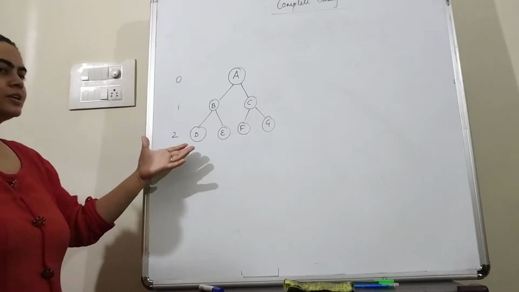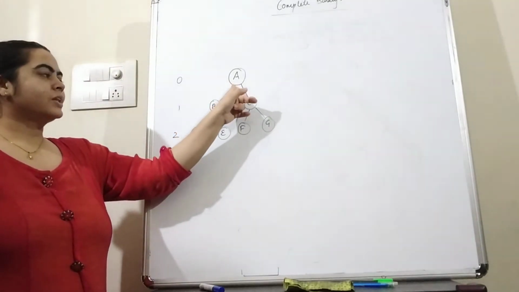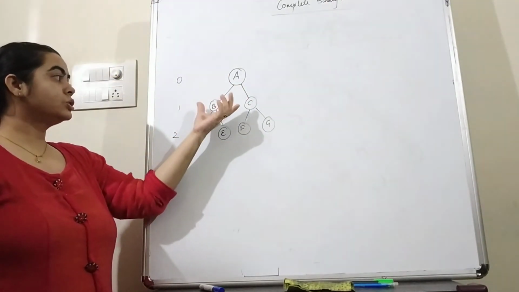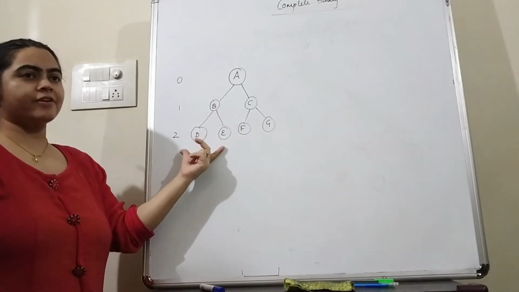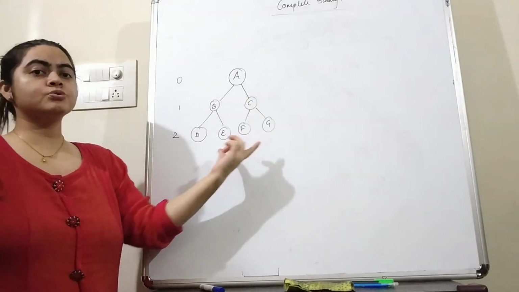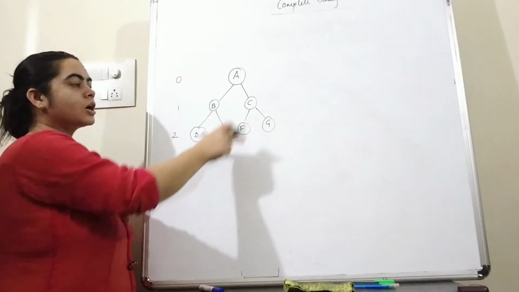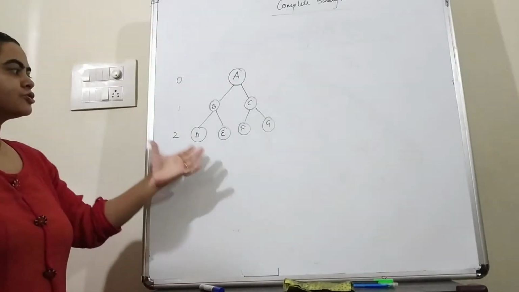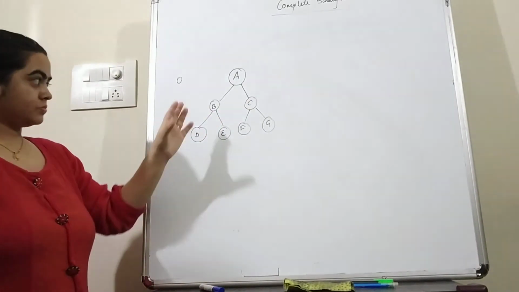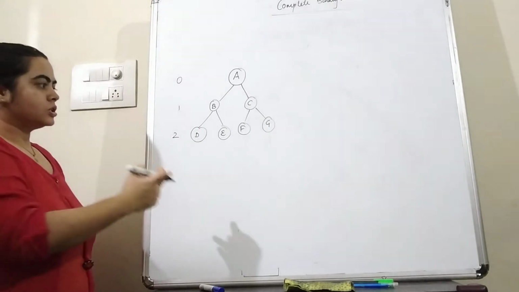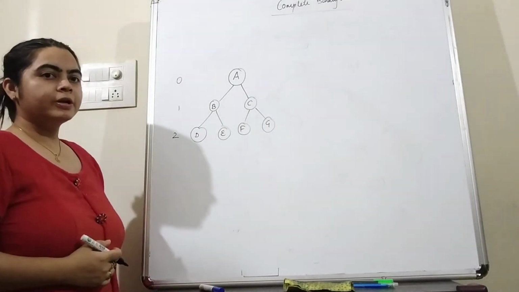So the last level is level number 2. Each node is having two children. So students, this is the complete binary tree.